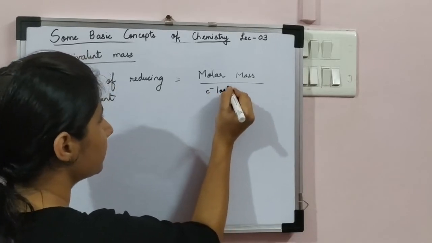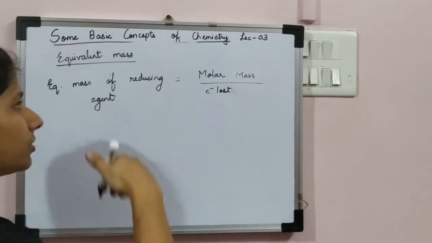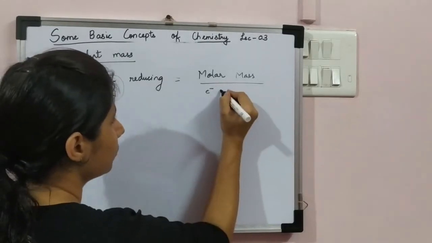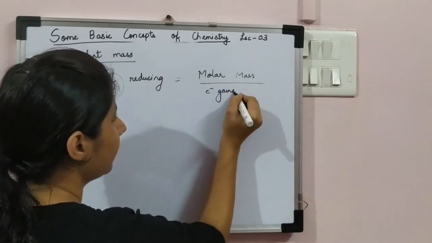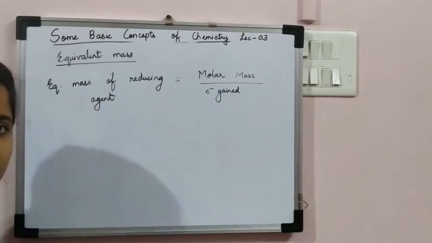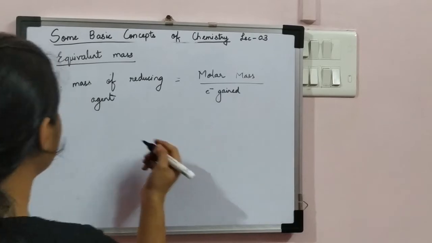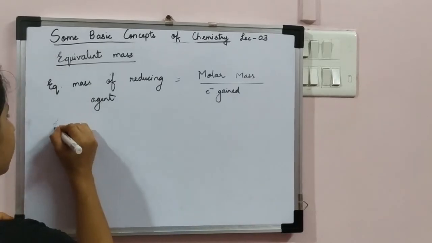Now when it is reduction, what happens in reduction? The electrons are actually not lost, the electrons are gained. So it is the total number of electrons gained or the total change in the oxidation state. This is how we calculate the equivalent mass of a reducing agent.